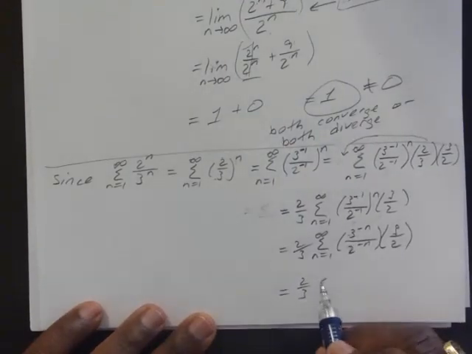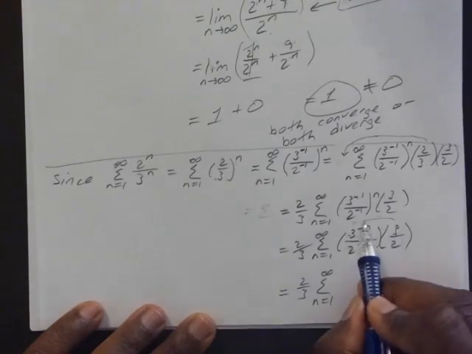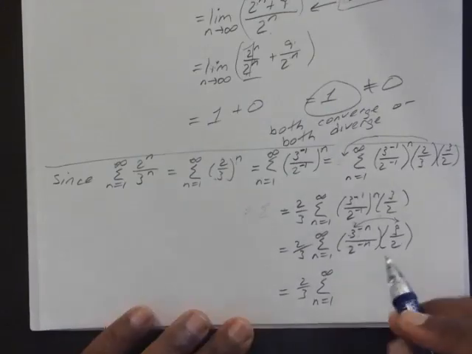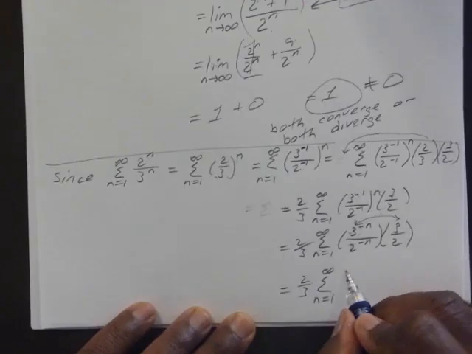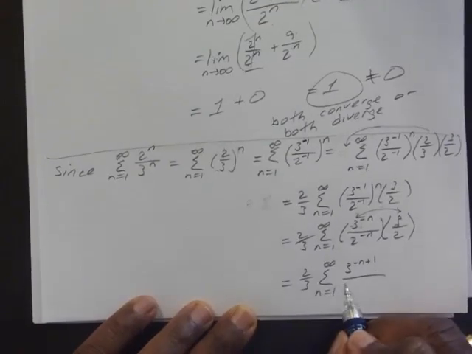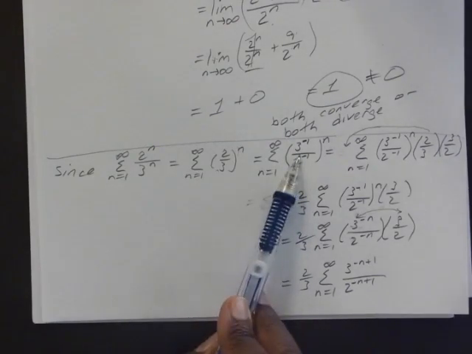So we have 2/3 times the sum from n equals 1 to infinity. If we combine those two, we have 3 to the power of negative n plus 1 divided by 2 to the power of negative n plus 1. And the extra work was because I didn't really have to do that.